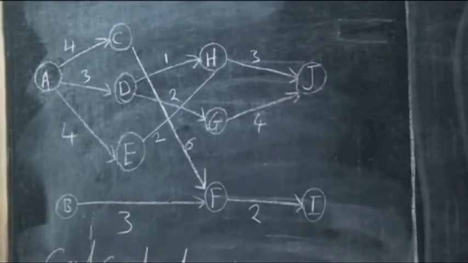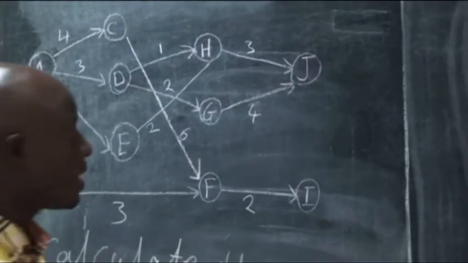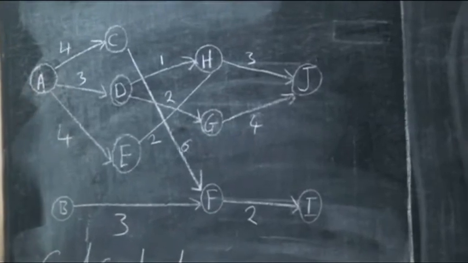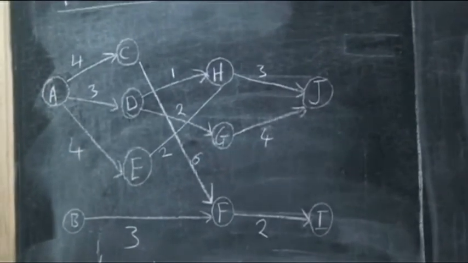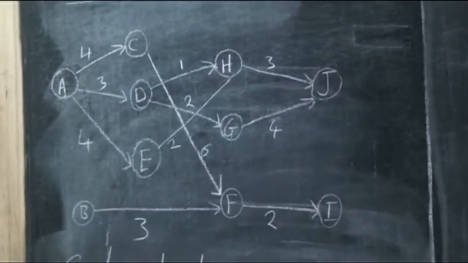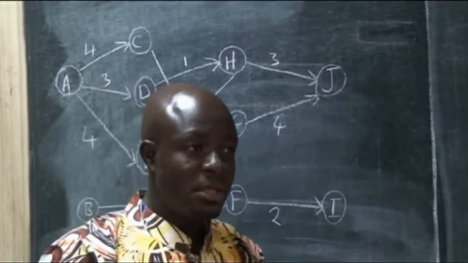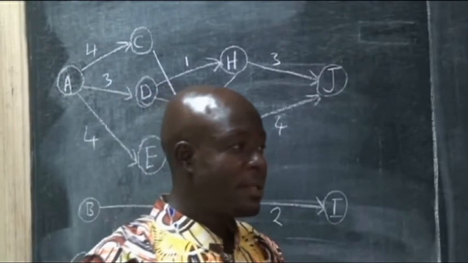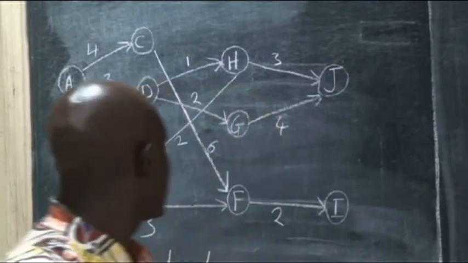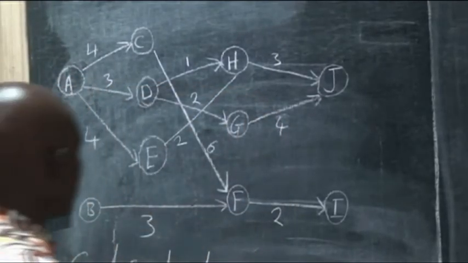Remember, the critical path is the longest path in the project. You cannot obtain the critical path without identifying all the paths on the PERT chart and getting their duration. So we are going to begin.